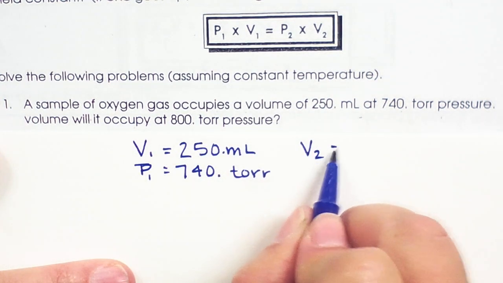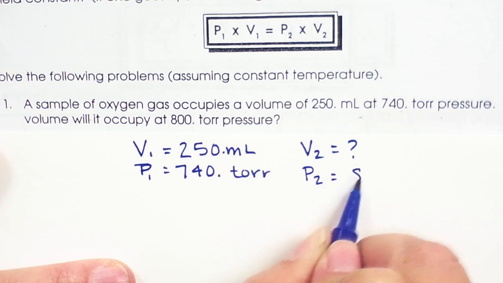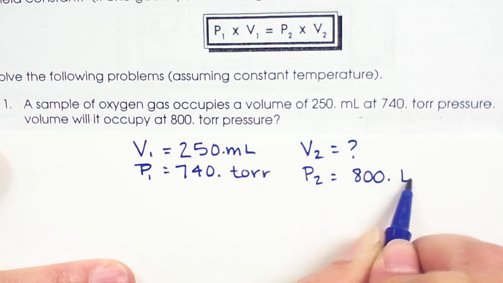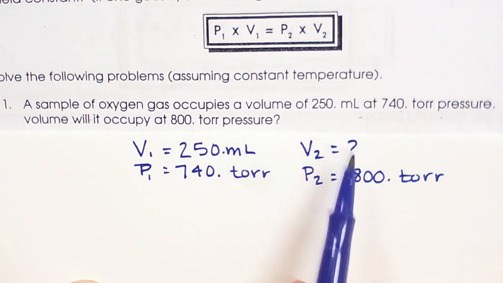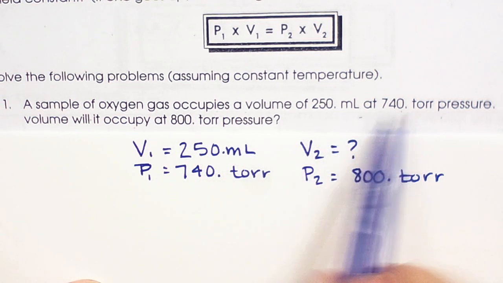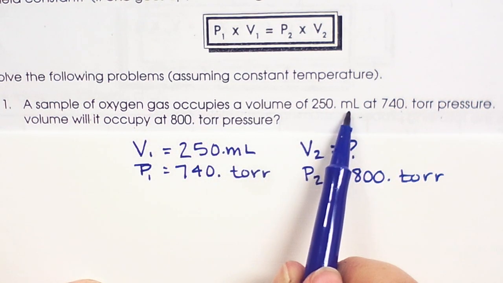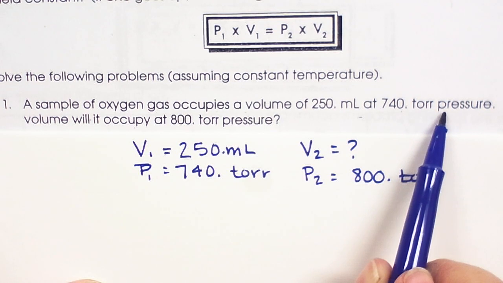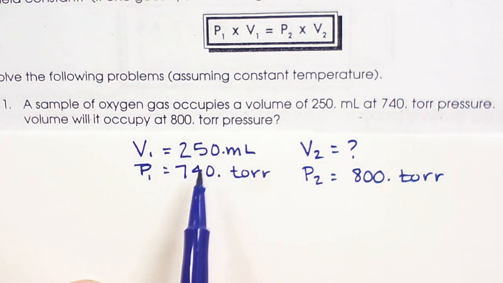So we don't know. That's what we want to find out. And my P2 is equal to 800 torr.